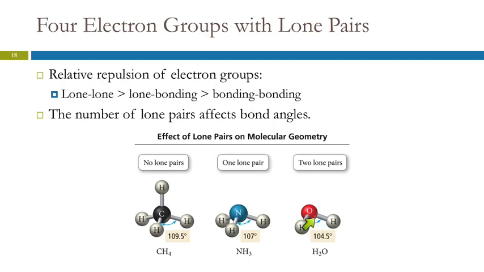So here in water, this is a bonding pair and a bonding pair, and so the repulsion there is less than from the lone pairs that are also on that molecule. So we see the bond angle here with no lone pairs, 109.5, 1 lone pair, 107, 2 lone pairs, 104.5. The more lone pairs, the closer together those atoms end up being.